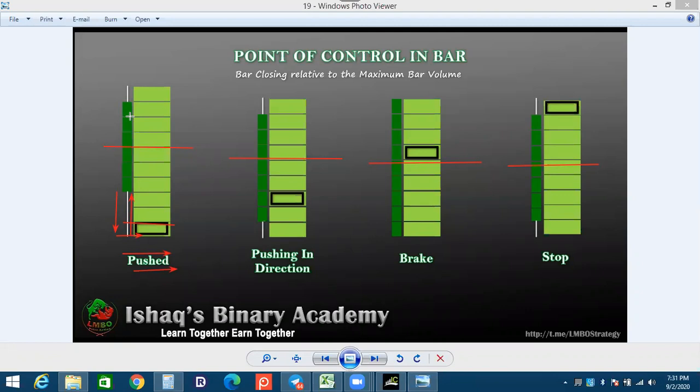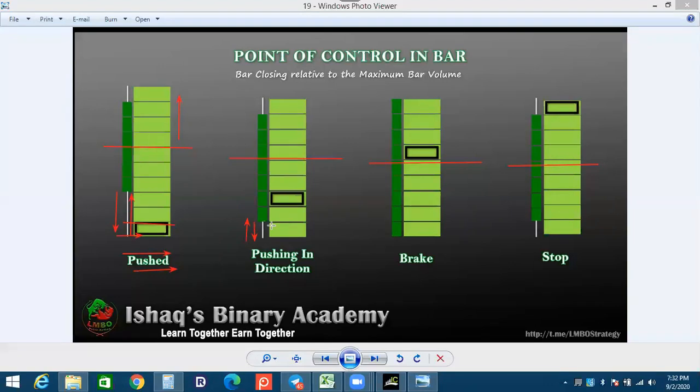That is very strong. When you see this candle, most of the time the signal is coming for the next call option. And when the market moves down and again goes up, there is no pushing here.